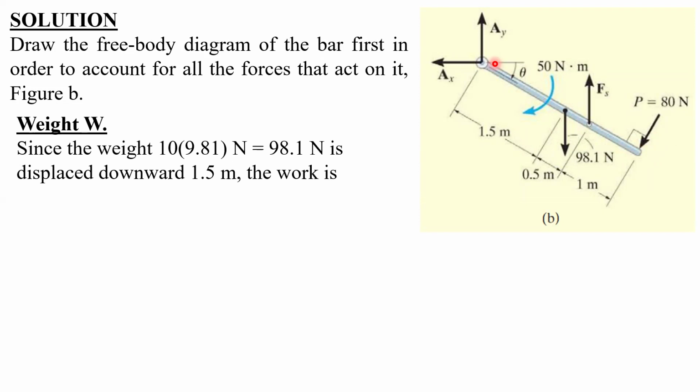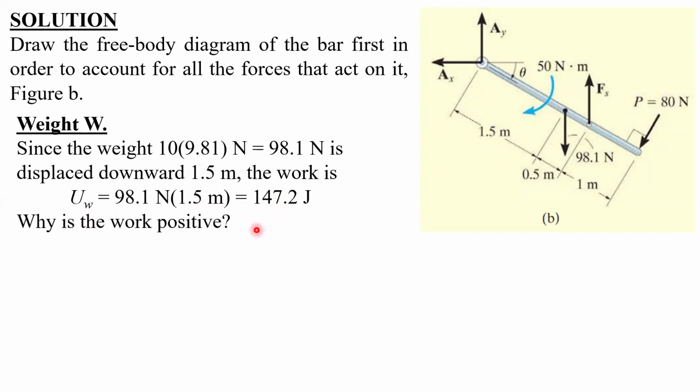The initial position is when theta is equal to 0, and the final position is when theta is equal to 90 degrees. From the horizontal position to the vertical position, the weight has moved by 1.5 meters. So the work done is force times distance, which is 98.1 times 1.5, which is 147.2 joules.